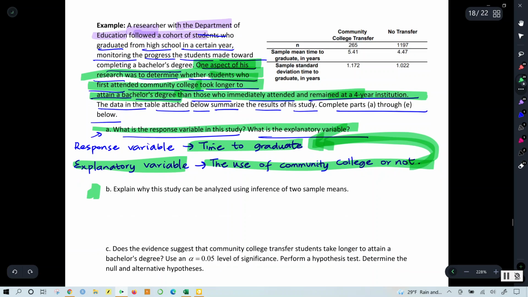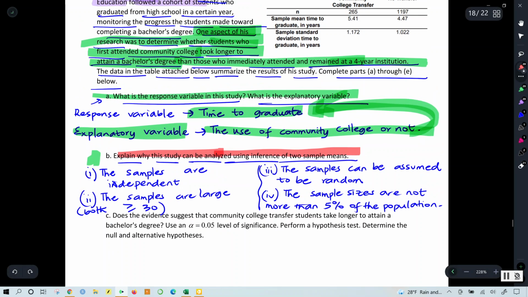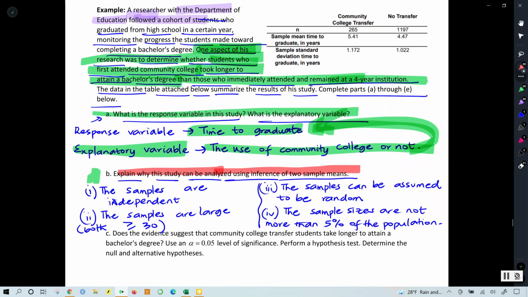Question B, we are to explain why this study can be analyzed using inference of two sample means. The reason why the study can be analyzed using inference on two sample means is as follows. One, the samples are independent.